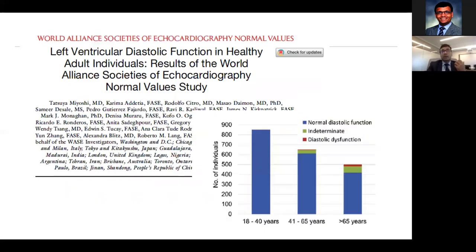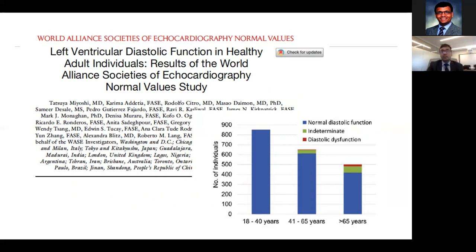In fact, there is a recent study from the World Alliance Society of Echocardiography Normal Values, where they looked into the age-related prevalence of the diastolic dysfunction parameters. And what they found was as they approached elderly individual in this data set, more and more of these normal individuals were called out for presence of diastolic dysfunction, or at least as based upon the 2016 EACVI guidelines document.